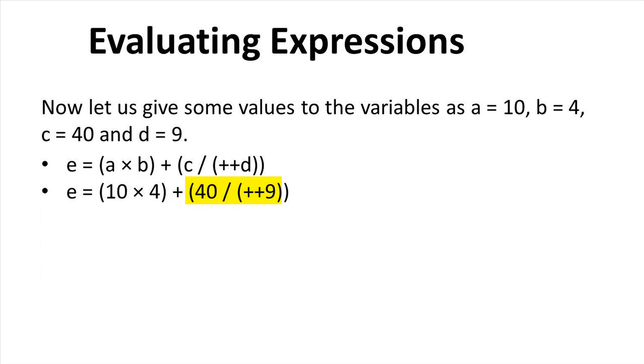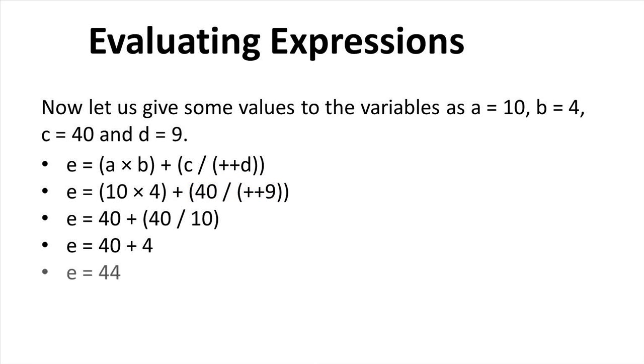Well, c is 40, d is 9, but if we're going to increment it, it's actually 10. So this is 40 divided by ++9, or we could say it's 40 divided by 10. So what we need to do is take 40 and add it to 4. The final expression would assign the value of 44 to the variable e.